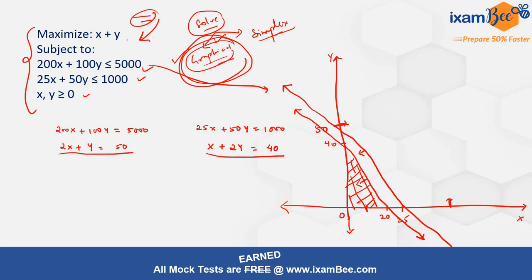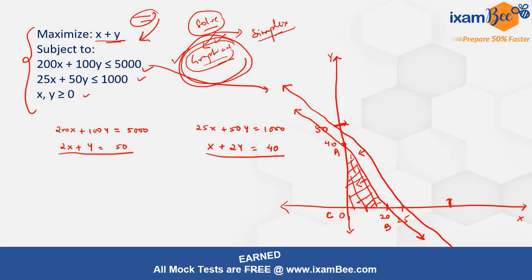Now we know that we have to maximize this function within this area. So the technique that is used is the corner point method. So we take the corner points. What are the corner points? A, B and C. These are the corner points. Now basically why do we take the corner points? Because we know we have to maximize a function.